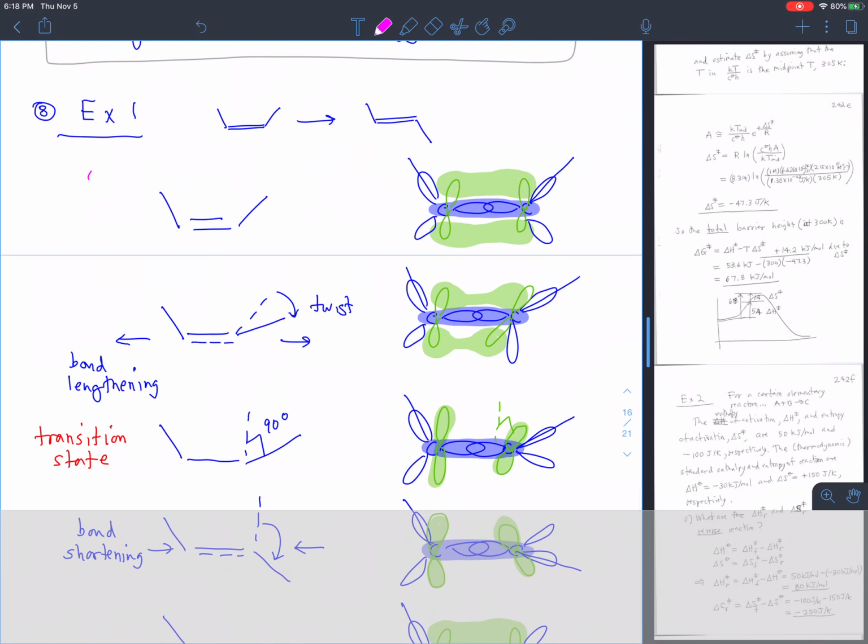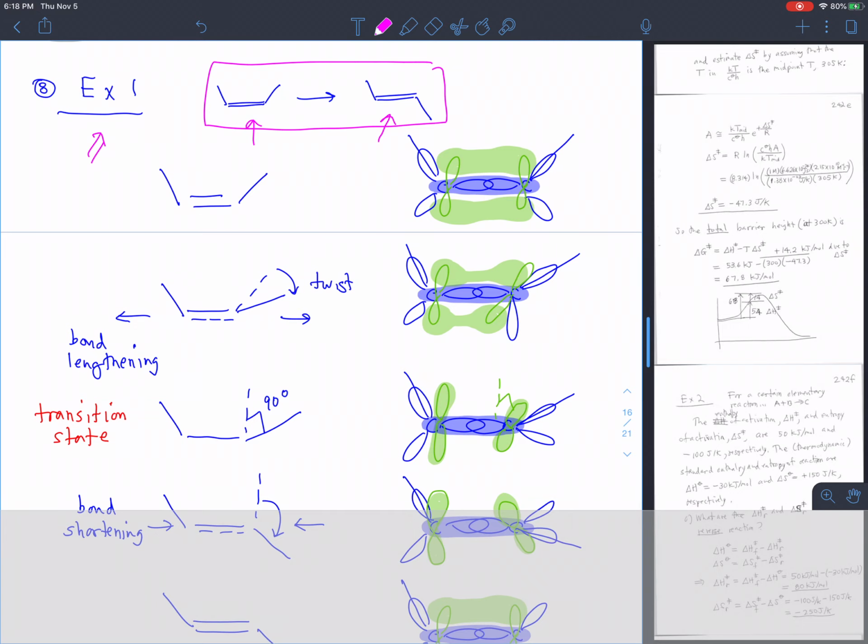So here's an example. I'm considering this elementary reaction, first order in both directions. It's just a change of conformation from the cis arrangement to the trans arrangement for this double bonded molecule. So I start out with the cis arrangement of the double bonded molecule. If we were in freshman chemistry, we'd draw a diagram like this, right? A valence bond diagram. Basically, you've got some hybrid orbitals here on the carbons.